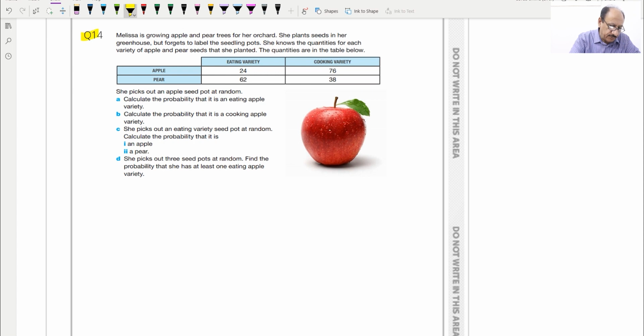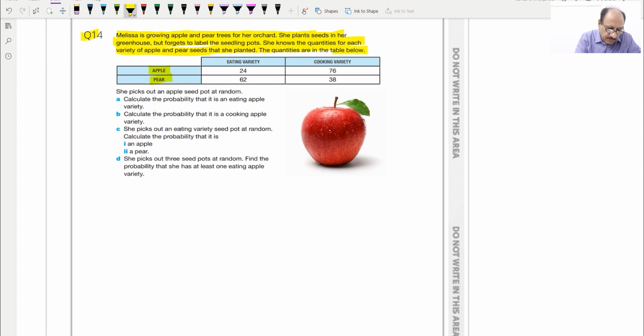Question number 14. Melissa is growing apple and pear trees for her orchard. She plants seeds in her greenhouse but forgets to label the seedling pots. She knows the quantities for each variety of apple and pear seeds that she planted. The quantities are in the table below.